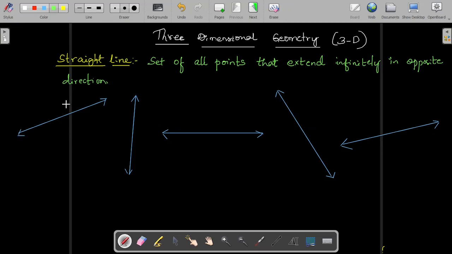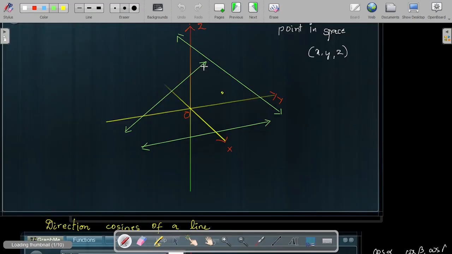Now, to locate any point, either in space or plane, anywhere, you need a frame of reference. If this is a point in space, to locate where exactly the point is situated, we need a frame of reference.